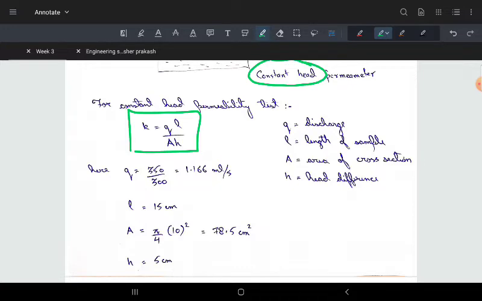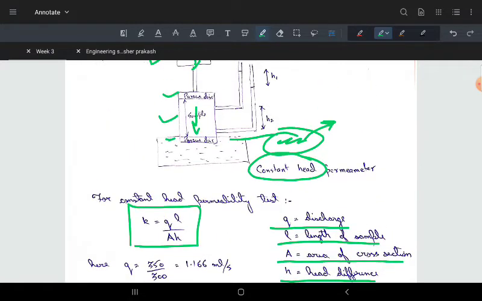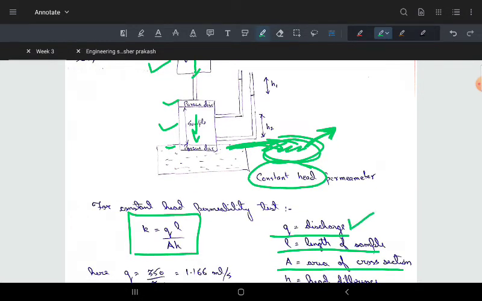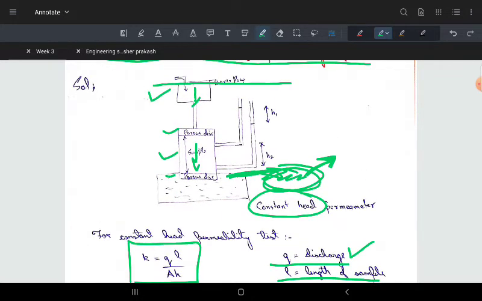So the various terms here: Q is the discharge, L is the length of the sample, A is the area of cross section, H is the head difference. Q we can find in the figure. We can collect the water that is moving out, measure how much it is, and divide by the time, we can get Q. L, the length of the sample, will be between the tappings, this tapping and this tapping.